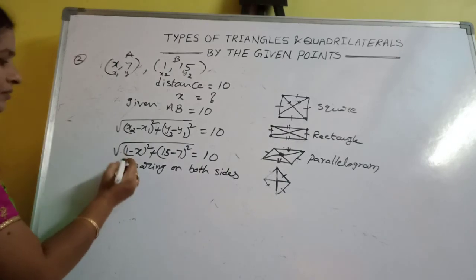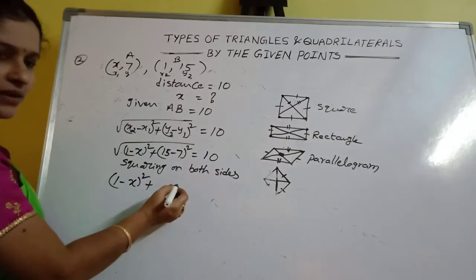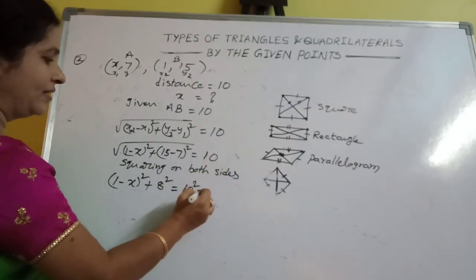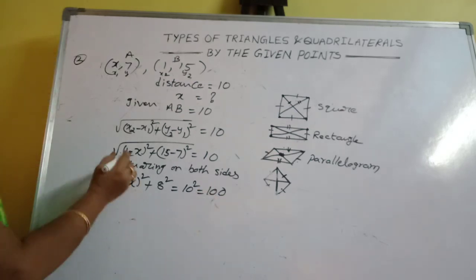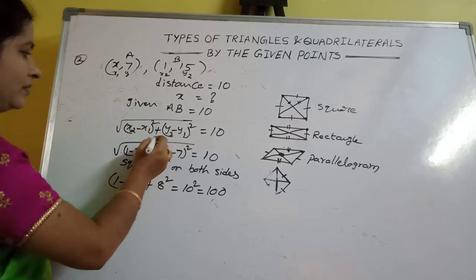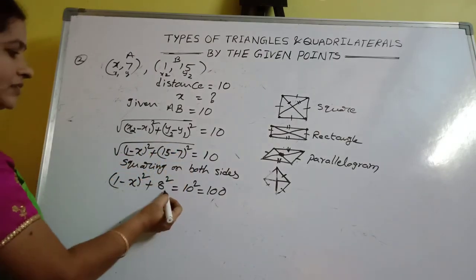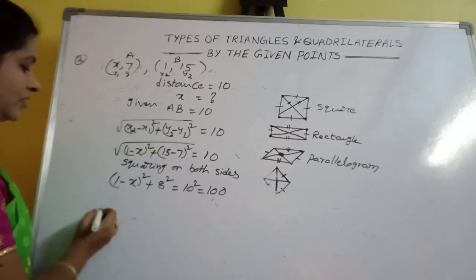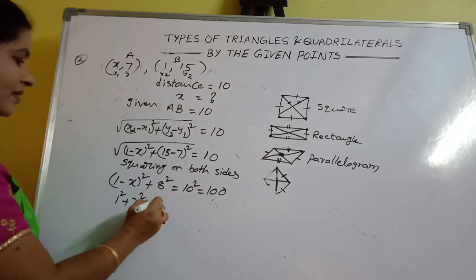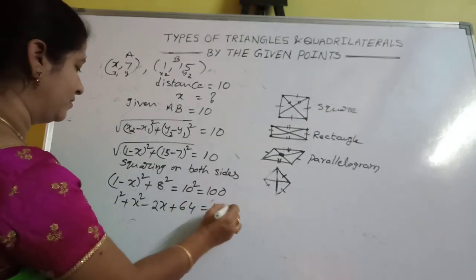Then we get (1 minus x) whole square plus 15 minus 7, so 8 square, equals 10 square, which means 100. If you square the square root term, the square root is cancelled. Simplify this: a minus b whole square is a square plus b square minus 2ab, and 8 square is 64, equals 100.